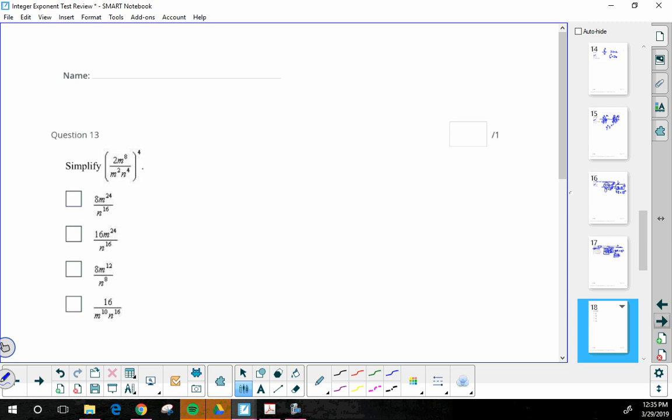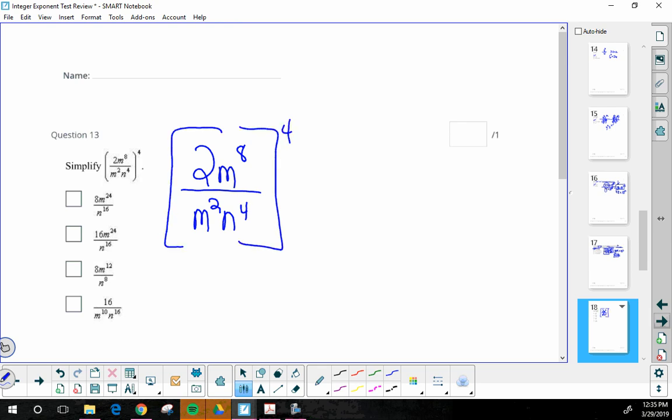Question 13. 2m to the 8th over m squared n to the 4th. And all of this is to the 4th power. So this exponent gets distributed to everything. That leaves me with 2 to the 4th power.